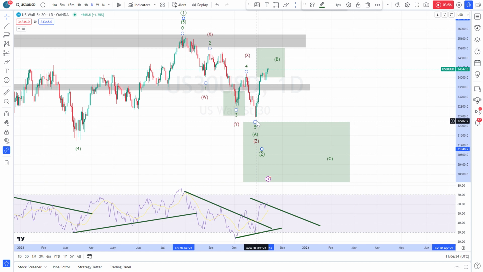And if we need to have a wave 2 low right here, then I believe we have to classify this as a triple three correction, as a WXYXZ pattern, as you can see here in red.